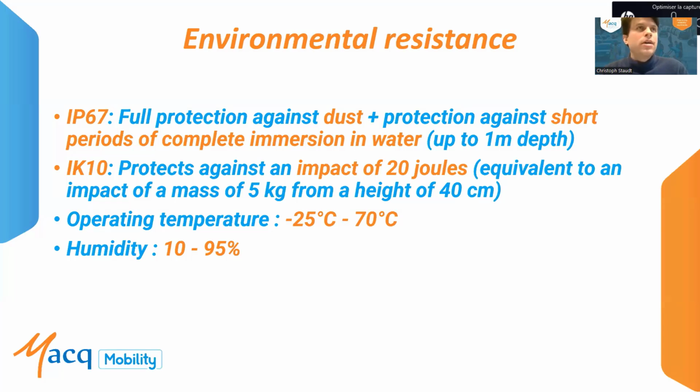So if the camera is installed during summer and during winter it goes below minus 35 degrees, that is also possible. But to be on the safe side, we always state minus 25 degrees. And the humidity is 10 to 95% relative humidity.